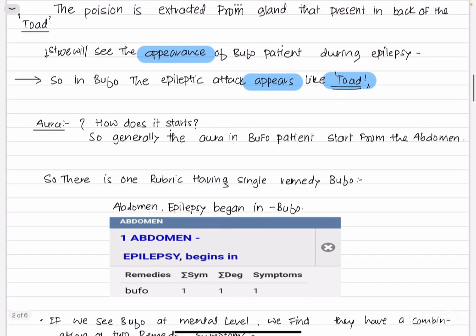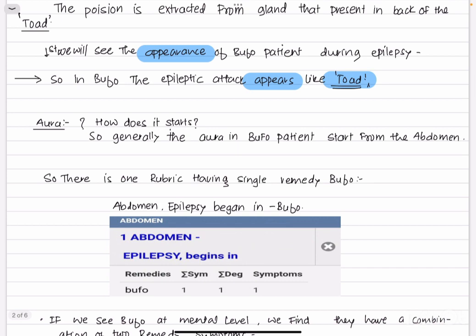The patient doesn't tell us that his aura of epilepsy starts from the abdomen, but we have to ask him, or we get this symptom when the patient is telling his symptoms. Generally the patient feels something happening in his abdomen, and after that he knows that he is having the epileptic attack.